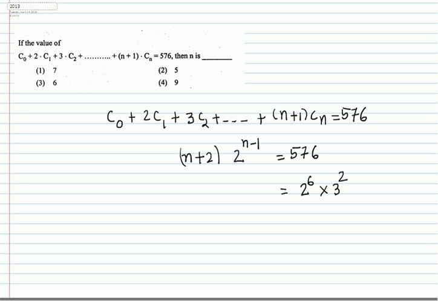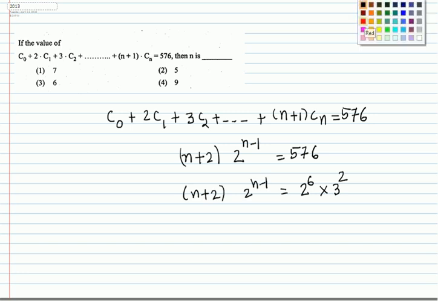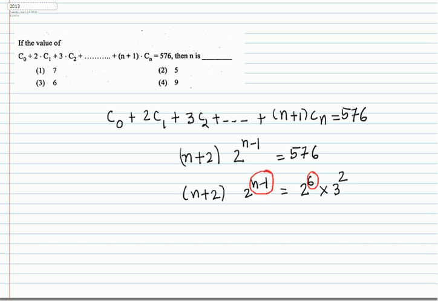Hence if you compare 2 powers, here 2 power is n minus 1, here 2 power is 6, therefore n minus 1 is equal to 6, therefore n must be equal to 7. So you can observe that we are getting the LHS equal to RHS. So 7 plus 2 is 9, 3 square is 9, here also right. Therefore what should be the value of n? n must be equal to 7, right? Go for the next problem.